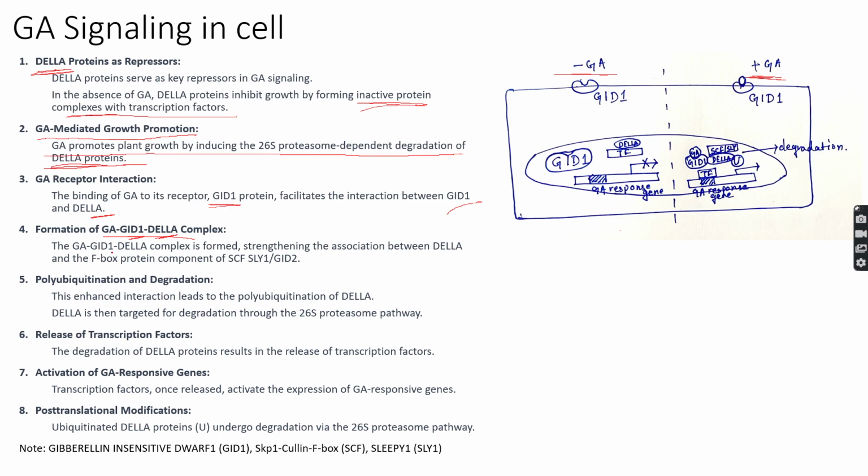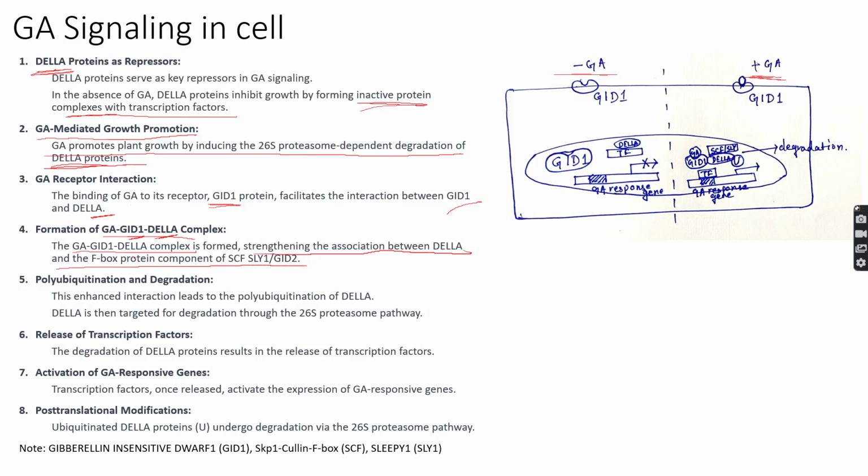So the GA-GID1-DELLA complex is formed, strengthening the association between DELLA and the F-box protein component of SCF SLY1 GID2.